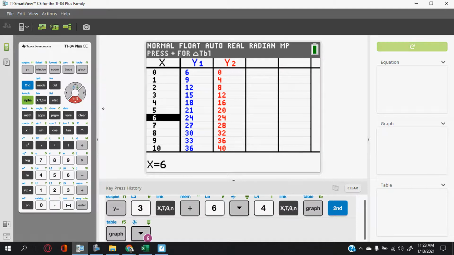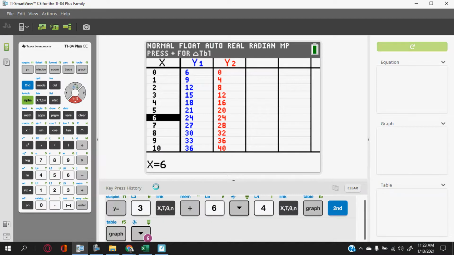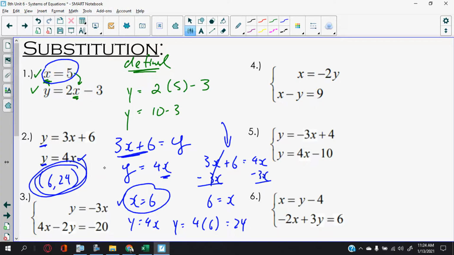When x is equal to 6, both y values, as you can see here, are 24. So we're good there. That makes this a solution.